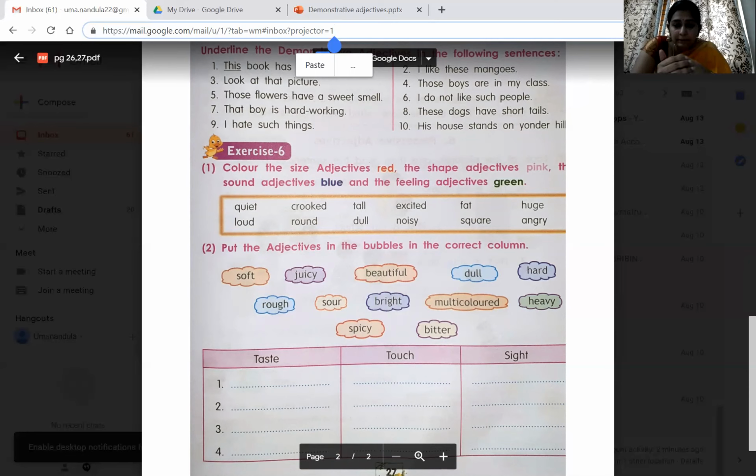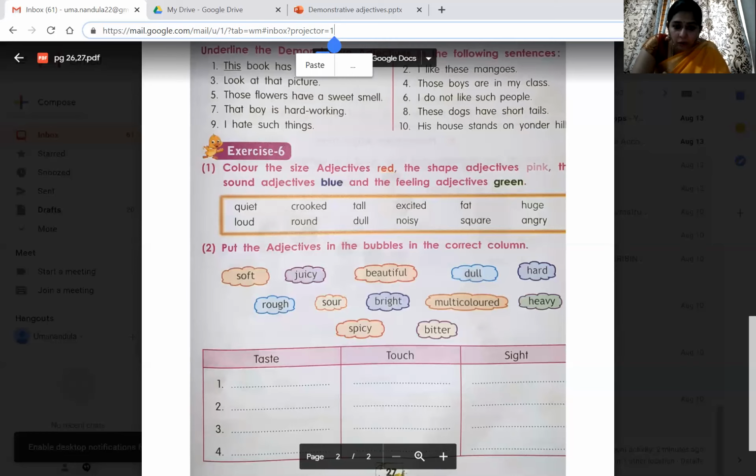Tall. Tall comes under size adjective, right? So you have to highlight it with red crayon. Excited is a feeling adjective, so highlight it with green. Fat comes under shape, so highlight it with pink. Huge is again a size, so highlight it with red.